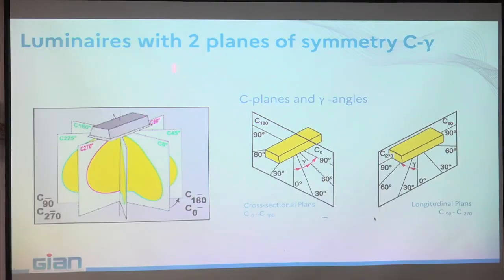One is the cross-sectional, and the other is the longitudinal plane. Why are they planes? Because you have this side and that side. If your fixture is symmetric, this part is the same here or here. If your fixture is not symmetric, it may change, and those planes we call C0 and C180, and C90, C270.